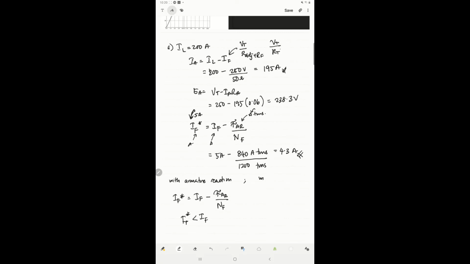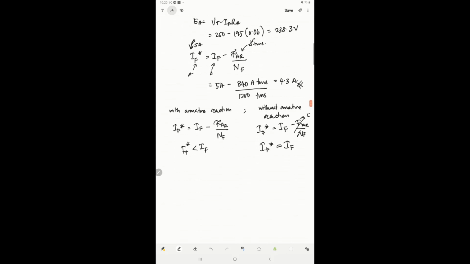Now, without armature reaction, the effective field current is simply IF, because when we don't have armature reaction, this goes to 0, and it is simply IF. So the effective field current is the field current itself when there is no armature reaction.